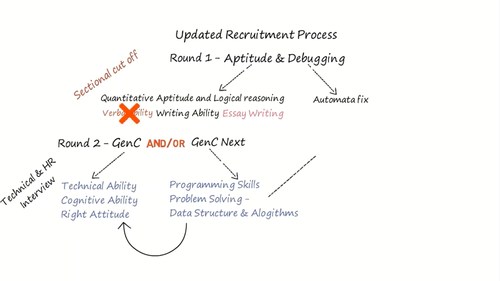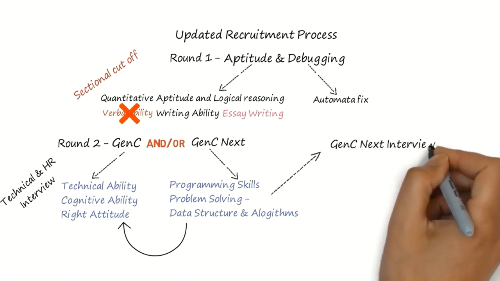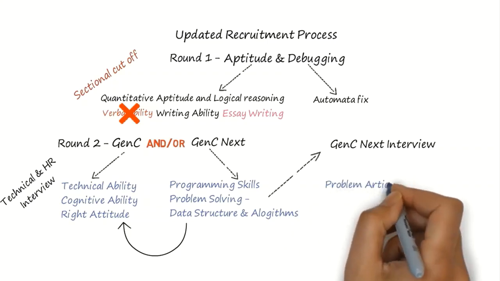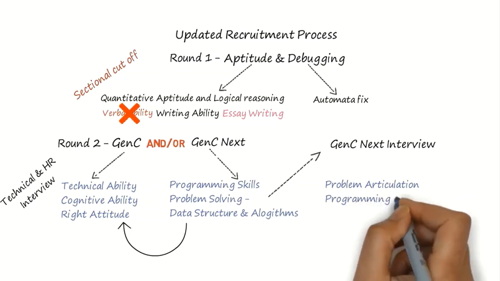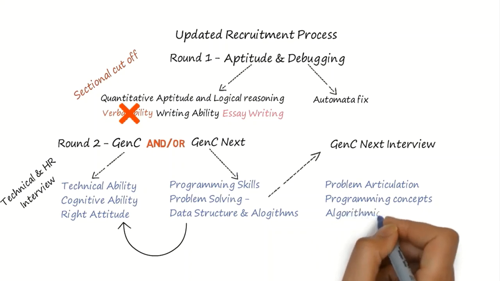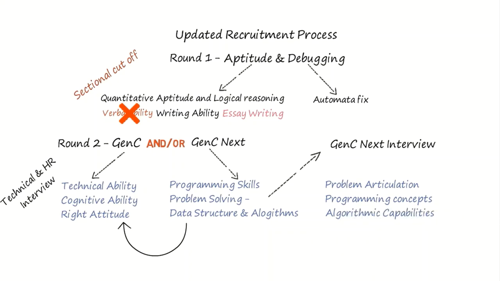There are two pathways from here. If you don't clear this round, you would be eligible to appear for the GenC interview round that I explained just now. However, if you get through this round, you move to the GenC Next interview round. In this interview, apart from technical and cognitive ability, problem articulation, programming concepts and algorithmic capabilities will be tested, followed by the HR interview questions.